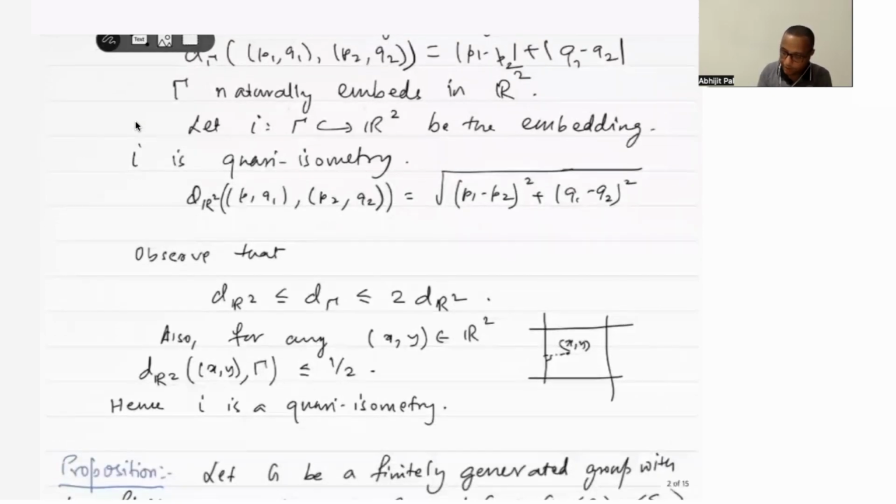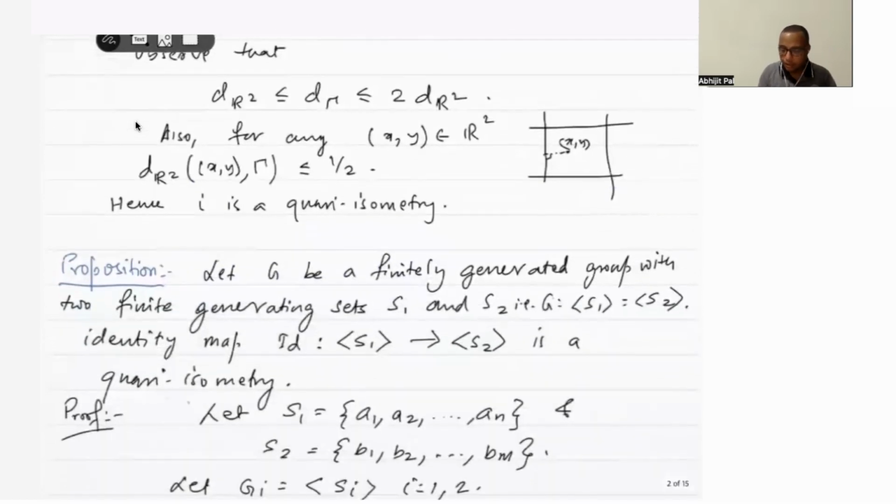And also if I take any point (x, y) in R2, there exists a point on gamma such that the distance of (x, y) to that point is less than or equal to half. So this is clear from this picture. So the distance of (x, y) to gamma is less than or equal to half. Therefore, this embedding of gamma in R2 is a quasi-isometry.